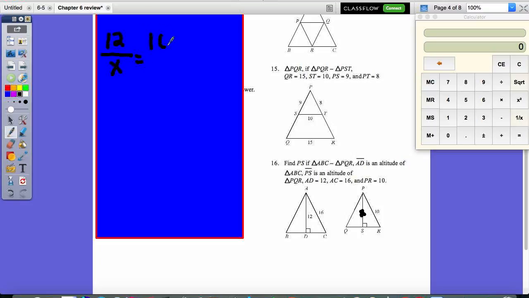And 16, triangle on the left, corresponds to 10, triangle on the right. I could simplify. 16 divided by 2 is 8, and 10 divided by 2 is 5. 8x equals 60. x is 7.5.